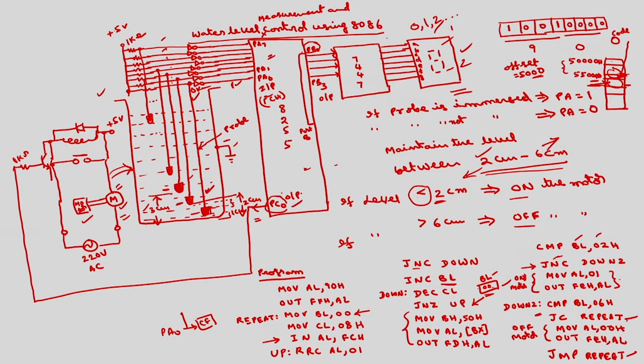So like that we have plenty of applications of this 8086 or any other microprocessor if you use the 8255 IC. Okay. I will give another example where the traffic light can be controlled.